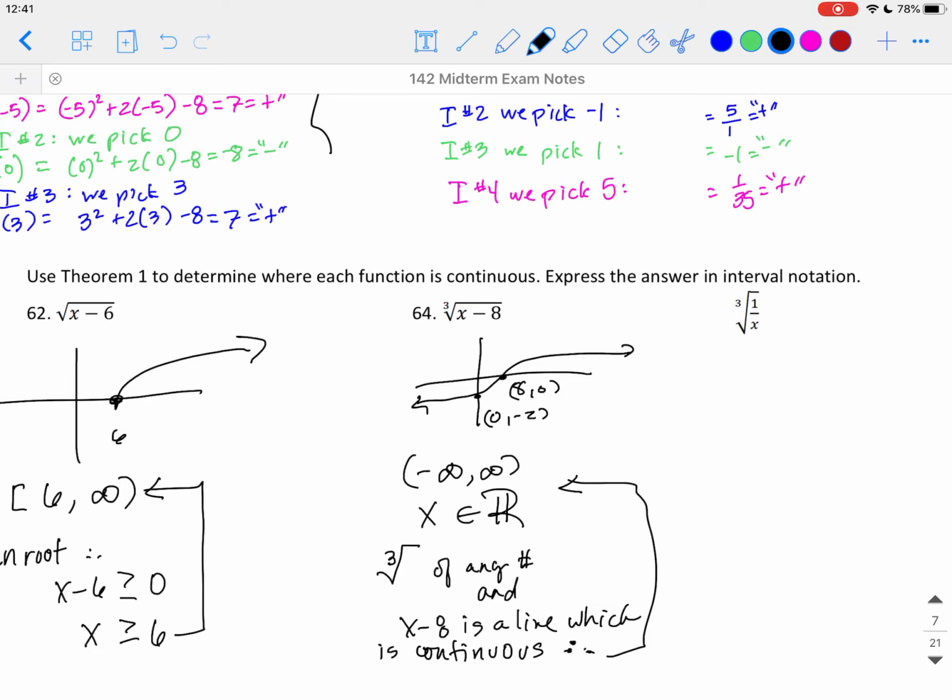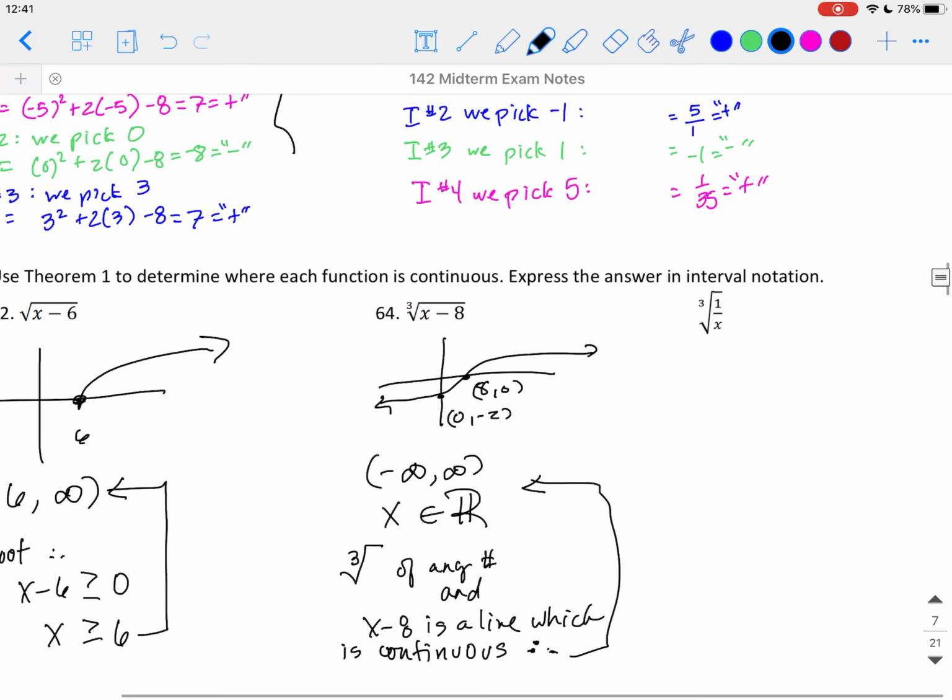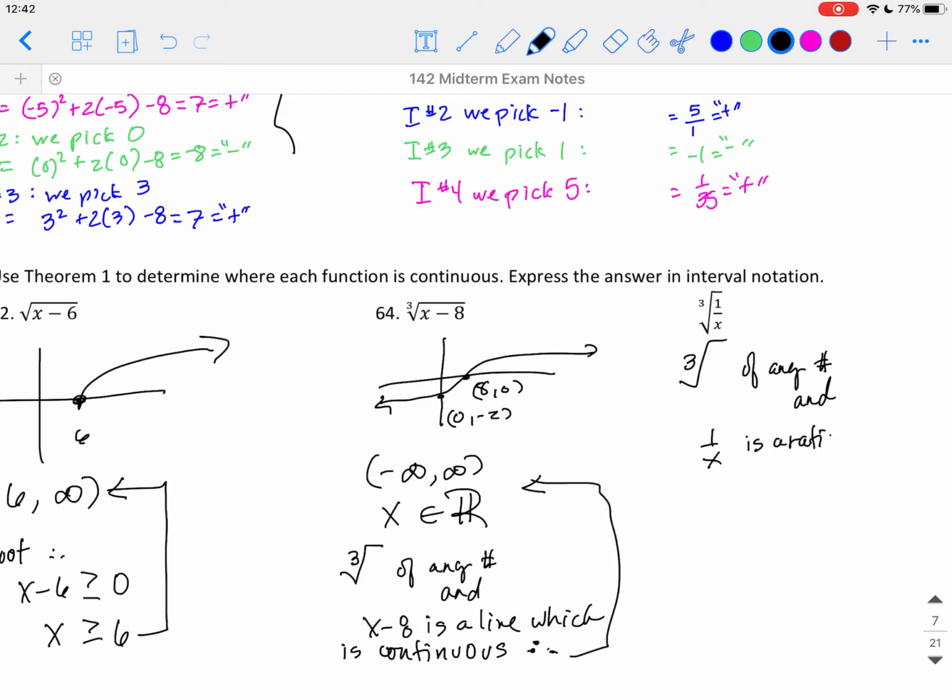And the last one, cube root of 1 over x, excuse me. So, again, now doing the theorem, you can take the cube root of any number, and 1 over x is a rational function. So x cannot be 0 because we can't divide by 0.